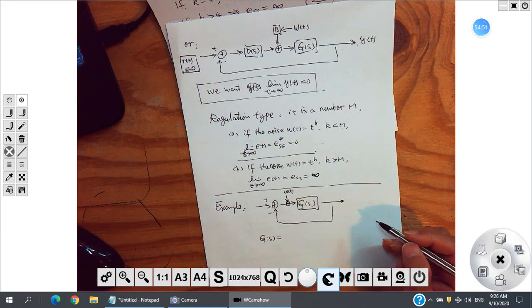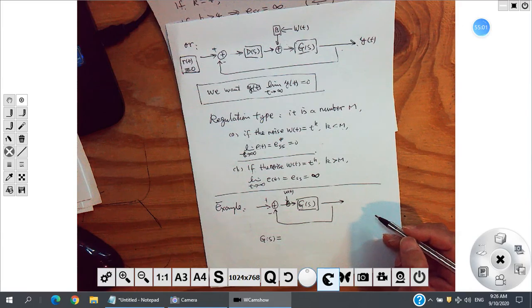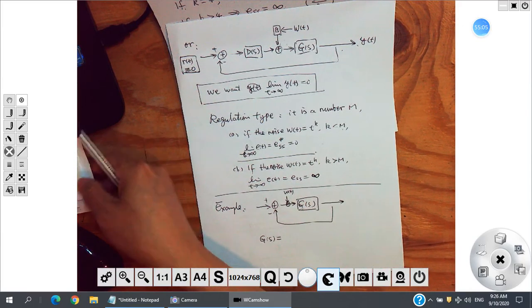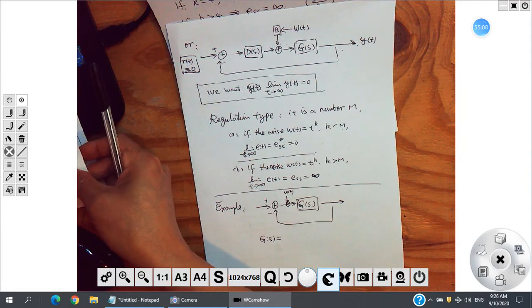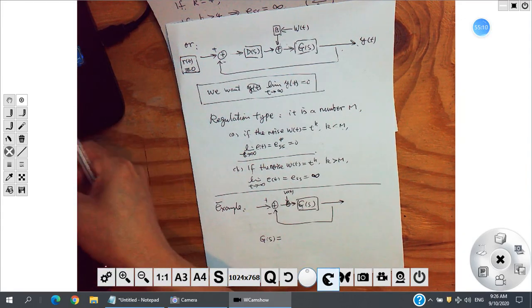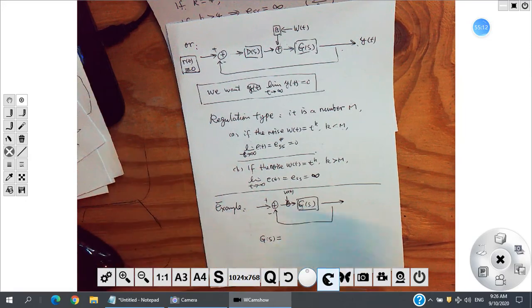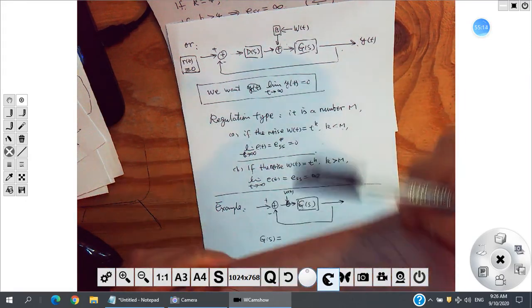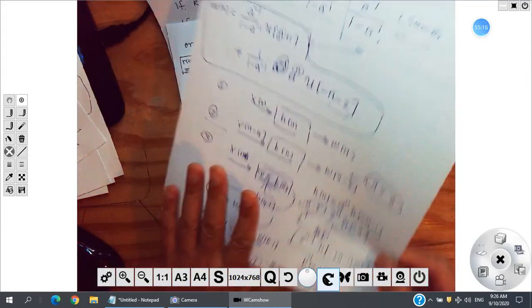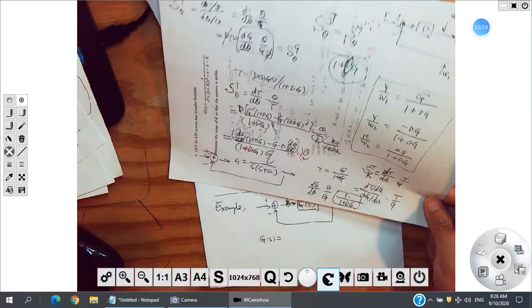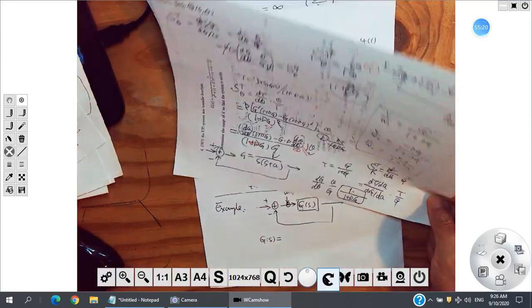I choose s squared. Oh, I think I can use which kind of thing as an example. Oh, sorry. I think I wrote something before the class, but what is it?